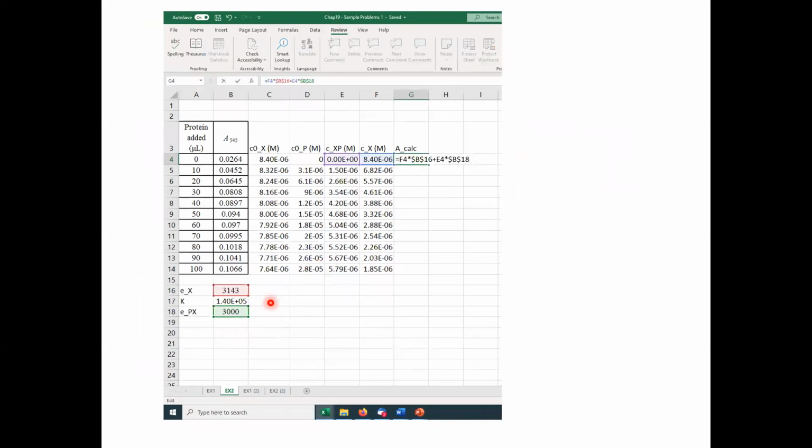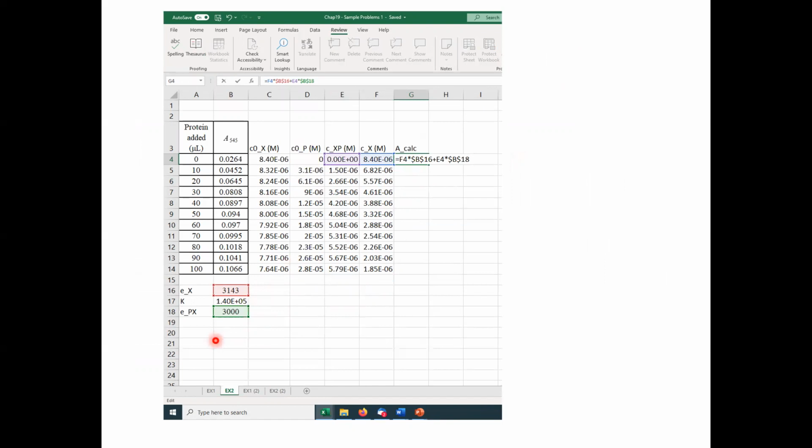I'm going to add two new cells to my spreadsheet. So here's the extinction coefficient of the ligand. Here's the extinction coefficient of the complex. I can plug both of those numbers in now and calculate what my calculated absorbance would be.